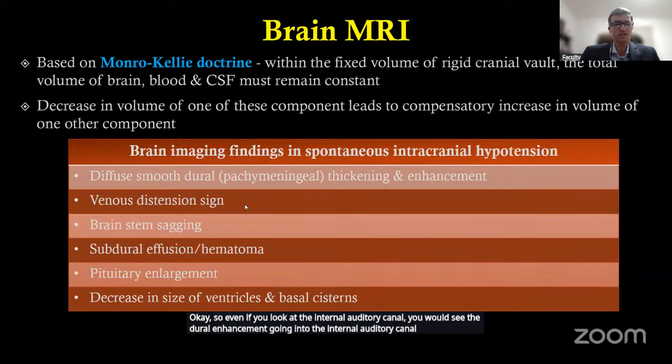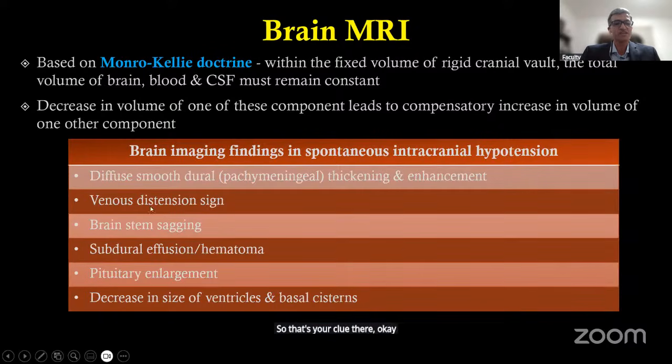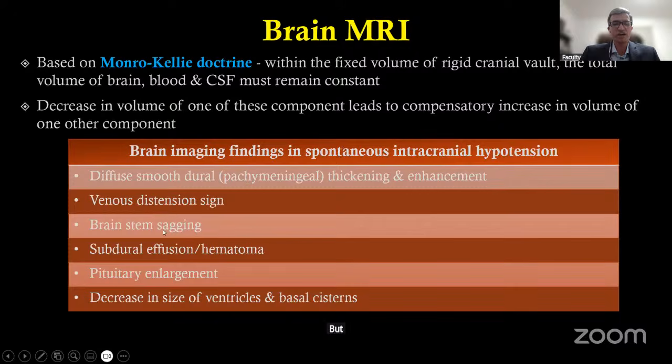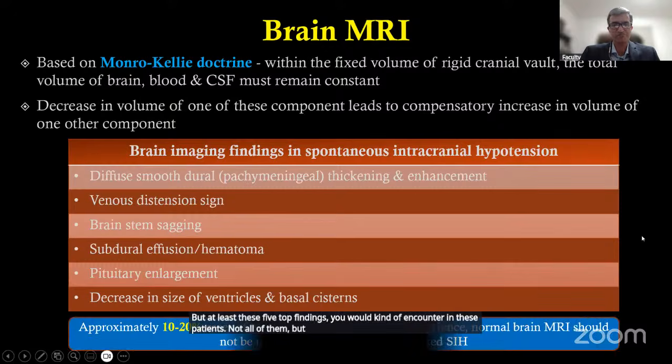So that's your clue there. Next are venous distension sign, brainstem sagging, subdural effusions or hematoma, pituitary enlargement, and decrease in the size of ventricles and basal cisterns. This last one is not a common finding, it is rare, but at least some of these 5 top findings you would encounter in these patients. Not all of them, but at least some of them.